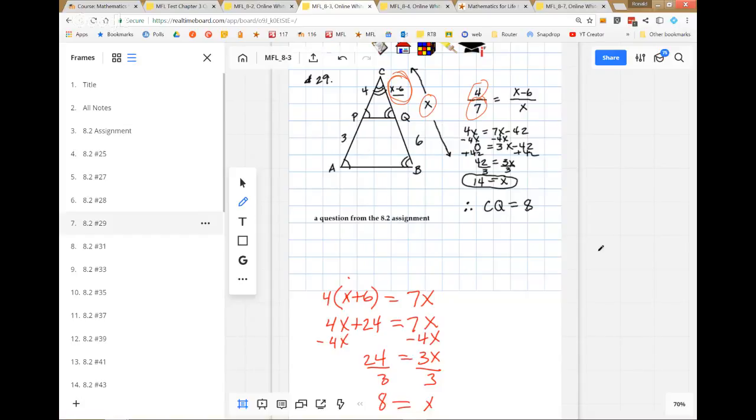As the right side of the little, X minus 6, is to the right side of the big, X. So that's really the key to solving this. How do you solve a proportion? Cross multiply? Yep.